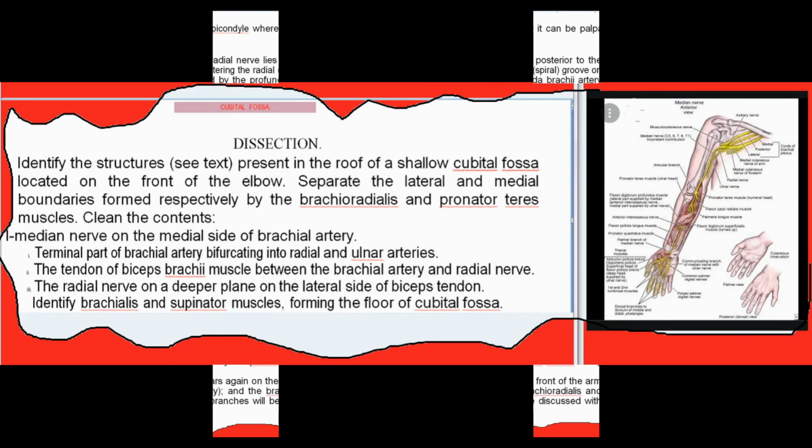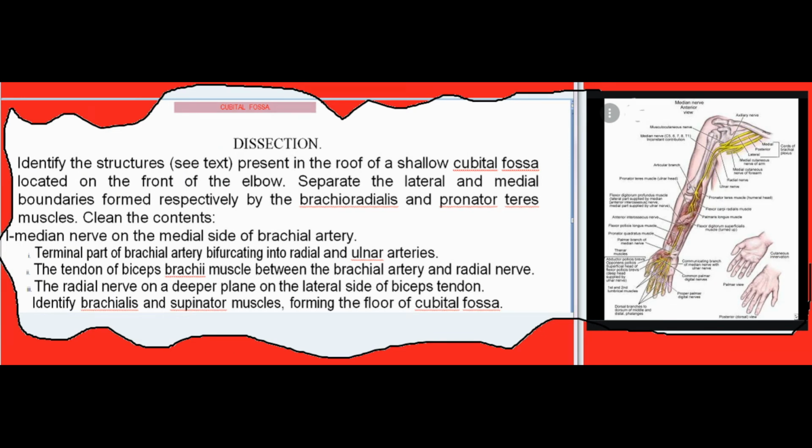Cubital fossa. Dissection. Identify the structures, see text, present in the roof of a shallow cubital fossa located on the front of the elbow. Separate the lateral and medial boundaries formed respectively by the brachioradialis and pronator teres muscles.